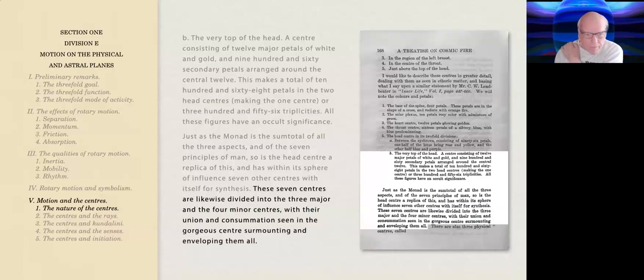And finally, these 7 centers are likewise divided into the 3 major and the 4 minor centers, with their union and consummation seen in the gorgeous center surmounting and enveloping them all. We learned earlier that the 3 major centers, the head, the heart, and the throat centers, represent the 3 aspects of the monad. In this context, the 4 minor centers represent the lower quaternary.